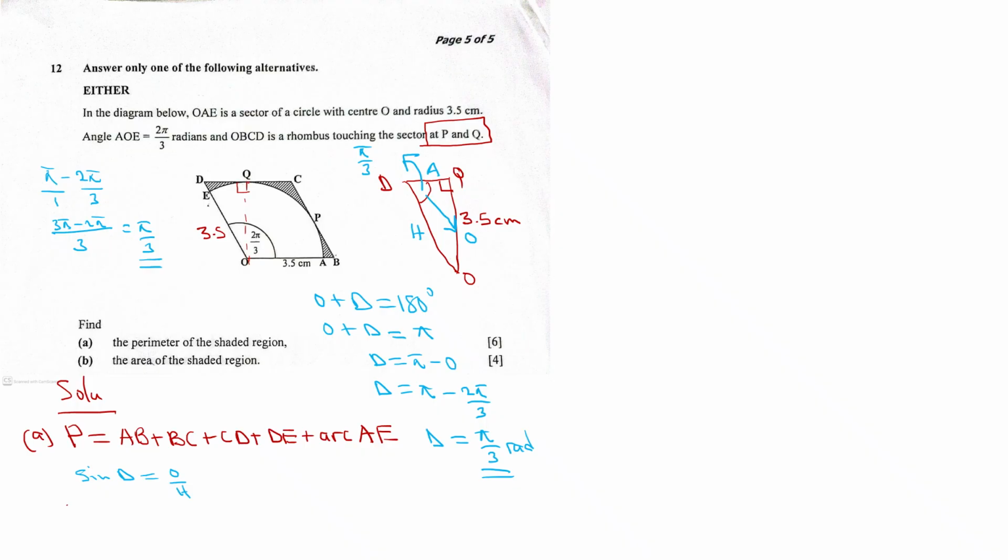Let's make h the subject. Cross multiply: h times sine D is equal to the opposite. Divide both sides by sine D, and you end up with h equals opposite over sine D.